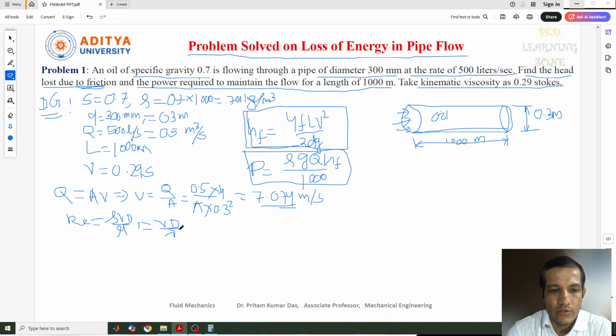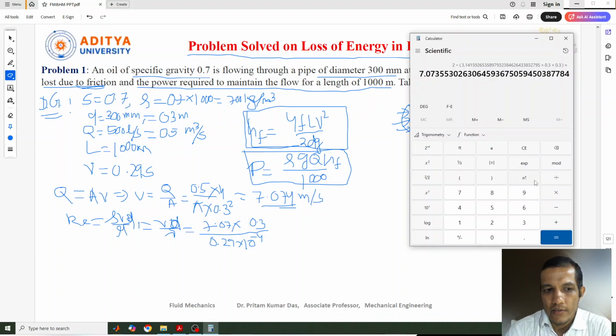V already calculated, so this is 7.074 into d value 0.3, let's write small d, and the nu value already written, that is 0.29 into 10 to the power minus 4, in terms of unit meter converted. So now let's find out this Reynolds number. This is the velocity value, multiply diameter 0.3 and divide by 0.29.